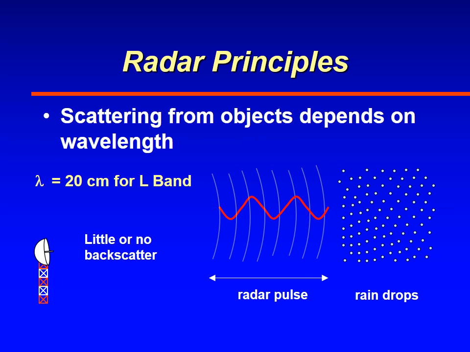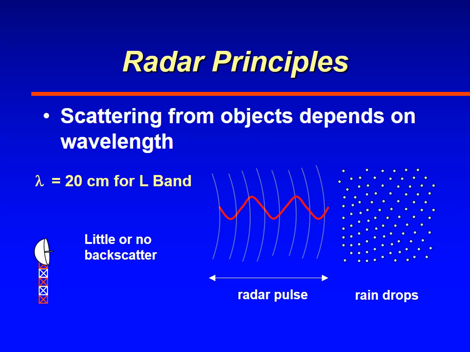So the idea behind radar is that a pulse of electromagnetic radiation is traveling through the atmosphere and is scattered in all directions. Some of it is scattered back. The amount that is scattered in whichever direction depends upon the size of the object and also the wavelength.